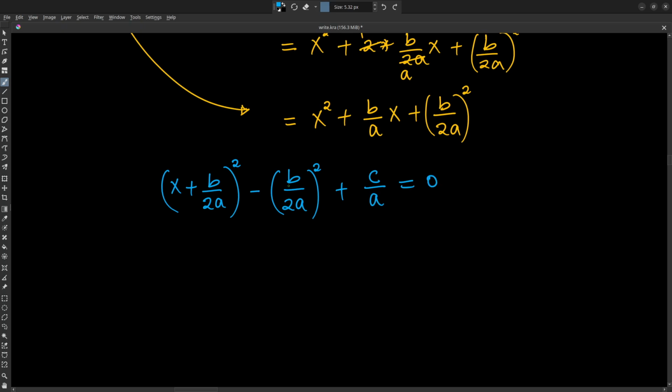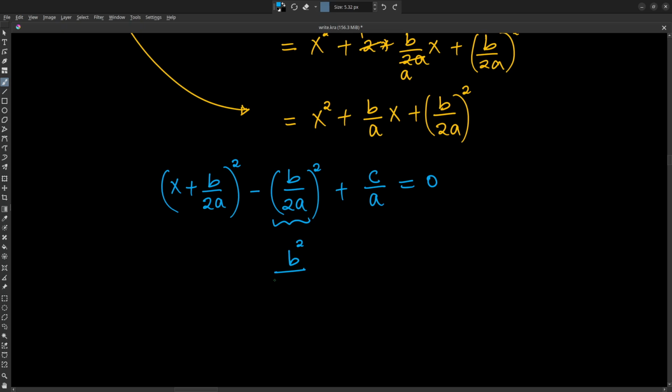So let's expand this. b out of 2a squared, that's the same as you just square the numerator and then square the denominator. Squaring the numerator gives us b squared, and the denominator is 2a, all of that squared, which is the same as we first square 2 and then square a and multiply the result.